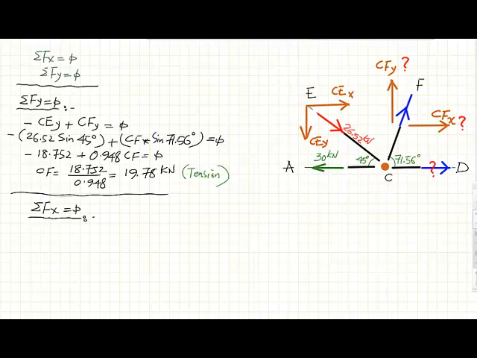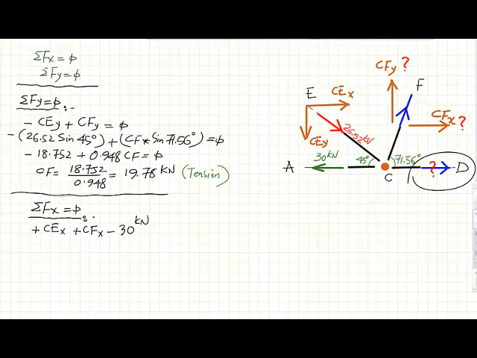So again, we'll have CEX, which is going towards east, positive, so plus CEX, and we have CFX, which is also positive, plus CFX, and we have 30, which is negative, so minus 30 kilonewton, and we have CD.